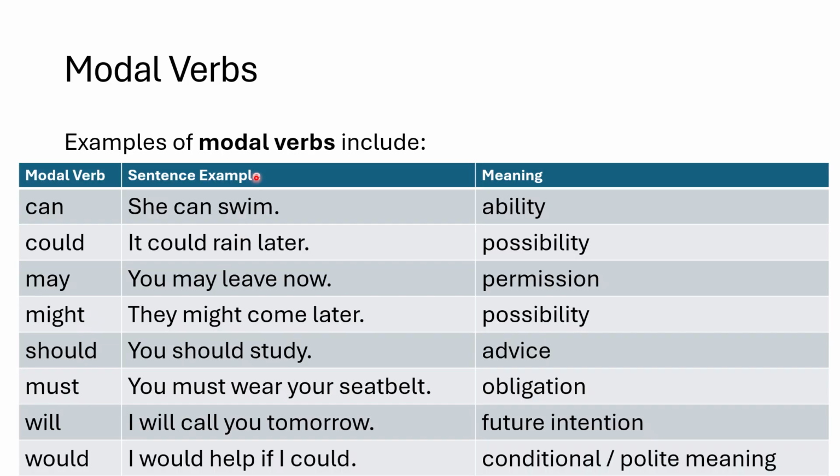Examples of modal verbs include can, which expresses ability. She can swim. Could, which expresses possibility. It could rain later. May, which expresses permission.